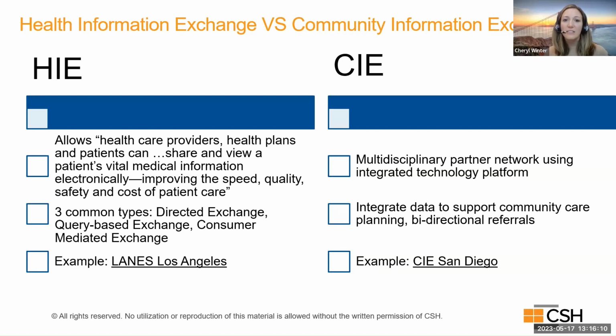And it can be done in multiple ways. For health information exchanges, it typically is only related to patients' medical information. It's intended on helping with referrals, accelerating the speed in which a referral is made and received and services are authorized. And there are multiple ways that you'll see these information exchanges happening.